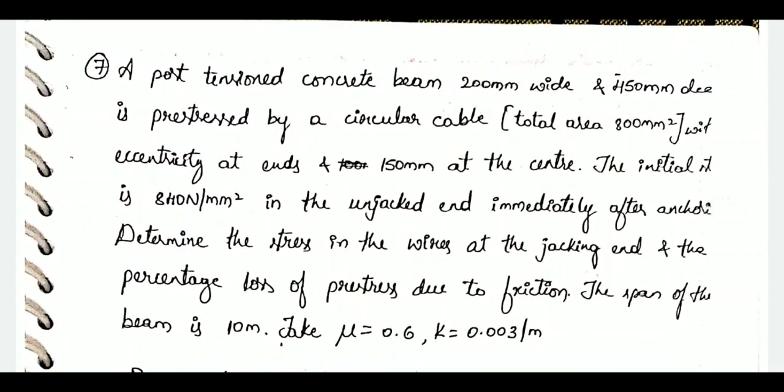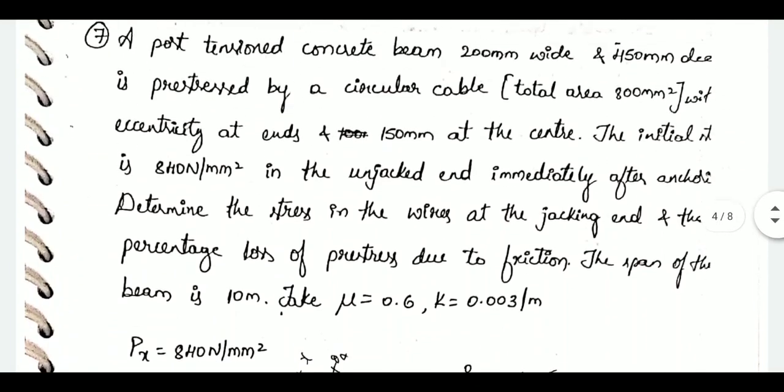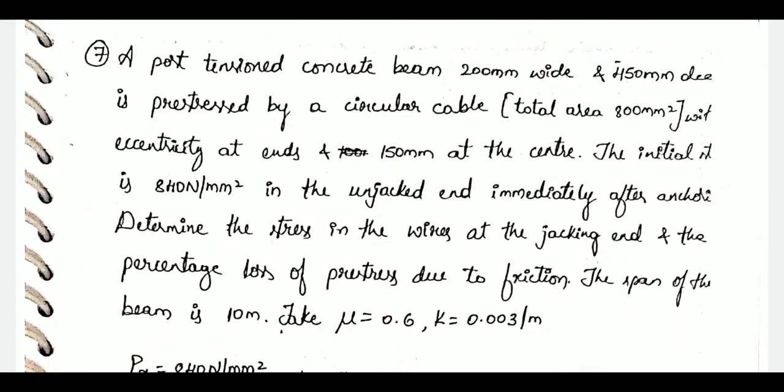A post-tensioned concrete beam 200 mm wide and 450 mm deep is pre-stressed by a circular cable. Total area of cross section for cable is 800 mm square with zero eccentricity at ends. There's a print mistake: with zero eccentricity at ends and 150 mm at the center.